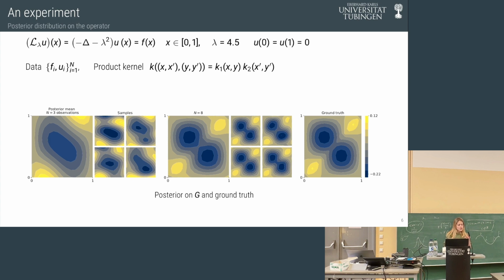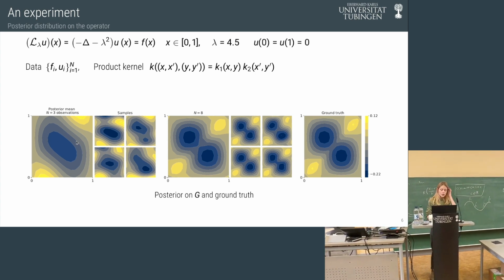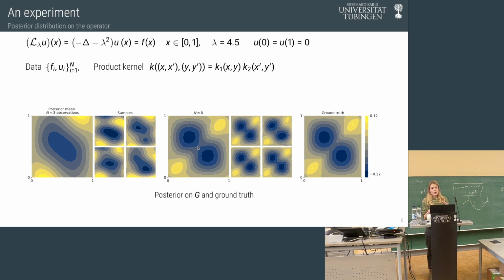Since visualizing the uncertainty in 2 dimensions is a bit more tricky, what you can claim is that if the samples differ from each other, then you have a higher variance, and if they are pretty similar to each other, then you have a lower variance. This is the case here when the approximation is not that good: you see that the samples differ a lot, and they become more similar to each other when you have a good approximation.